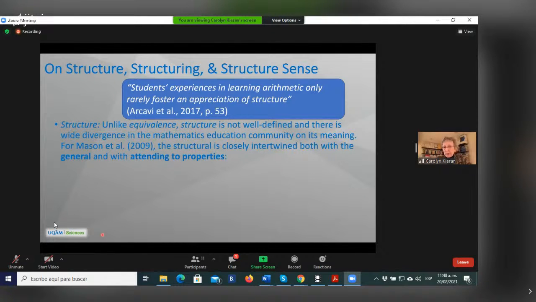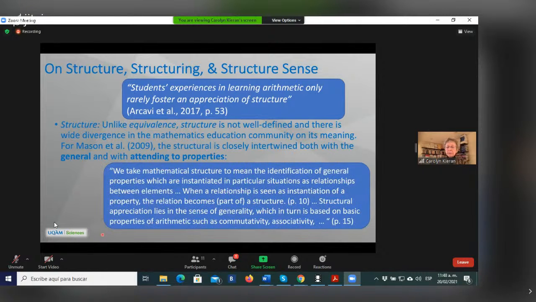Unlike equivalence, structure is not a well-defined term, and there is wide divergence in the mathematics education community on its meaning. For Mason and his co-authors, the structural is closely intertwined both with the general and with attending to properties.